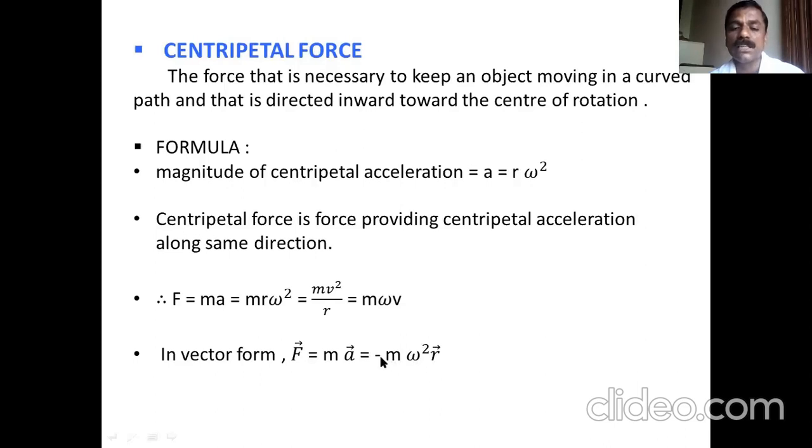We have seen this negative sign indicates force and position vector are opposite in direction. So in case of uniform circular motion, the centripetal force plays a very important role, which is given by the formula F is equal to m r omega square, which is equal to m v square upon r, or which is equal to m omega into v.